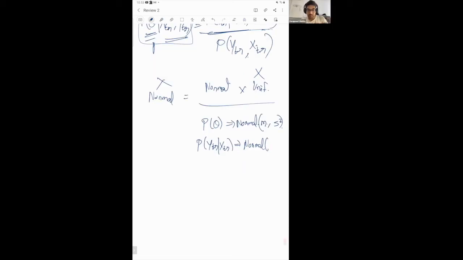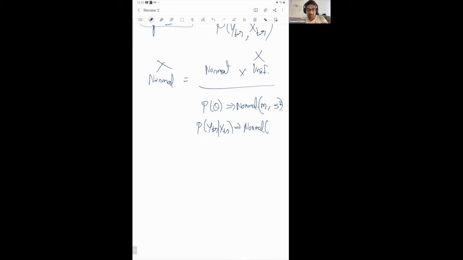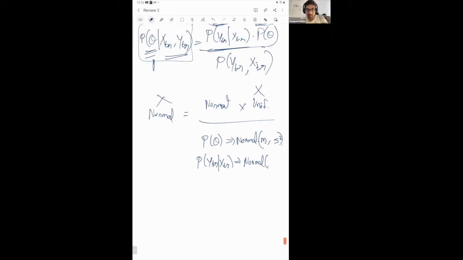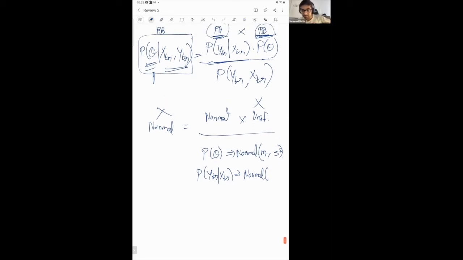So you place a normal prior and you're saying y train given x train is normal. If all of those are normals, then the posterior will be a normal. The joint is a normal, the conditional is a normal, the marginal is a normal, but they are defined over different variables, and I think the standard deviation should be the same, right?